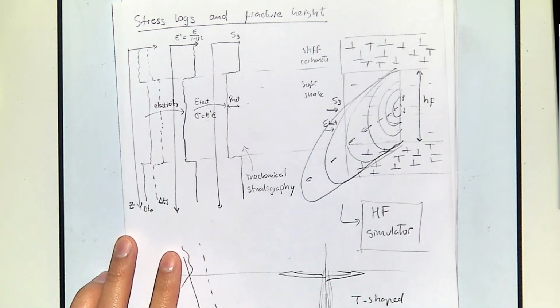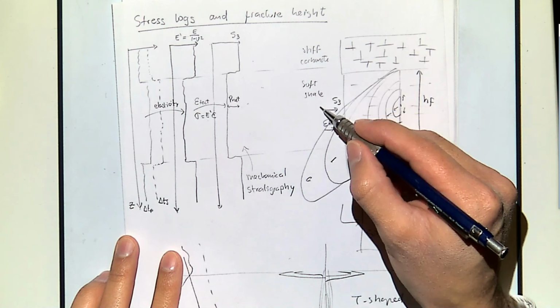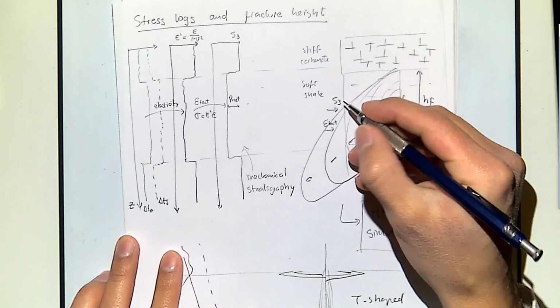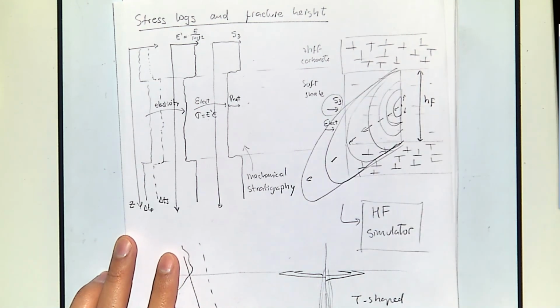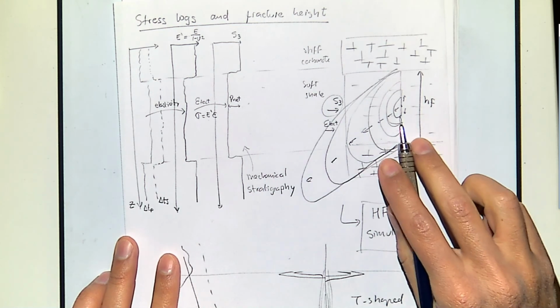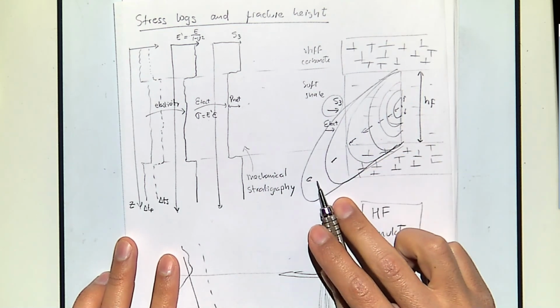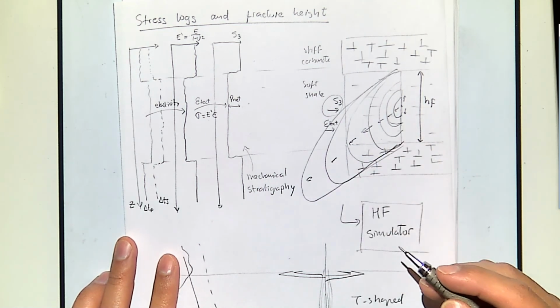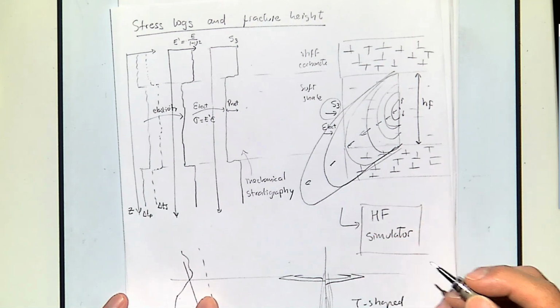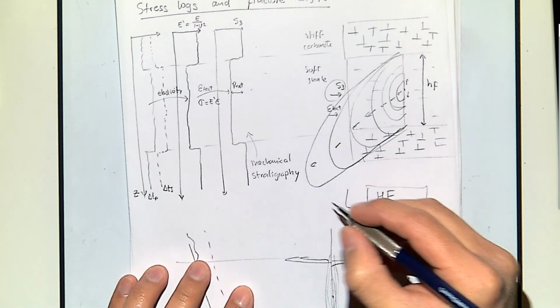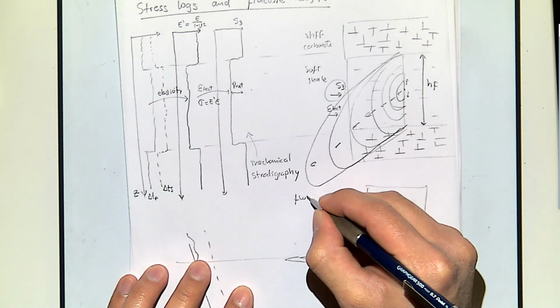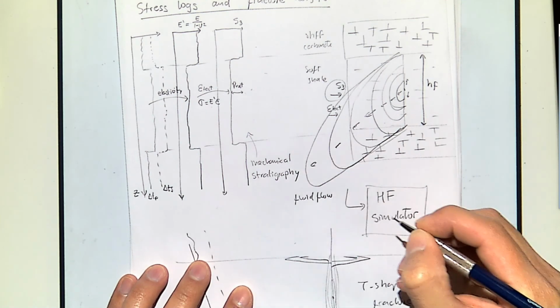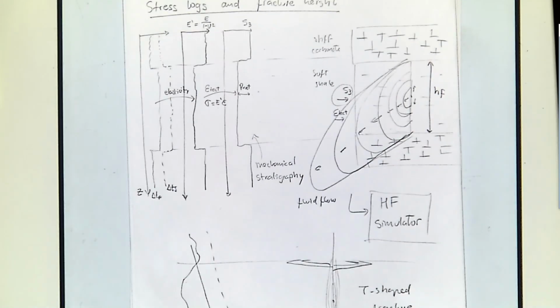Of course, we know that those are going to be mostly perpendicular to the minimum principal stress. And in order to see how far the fracture goes, how quickly it grows, in addition to that, we need to add fluid flow in the fracture.